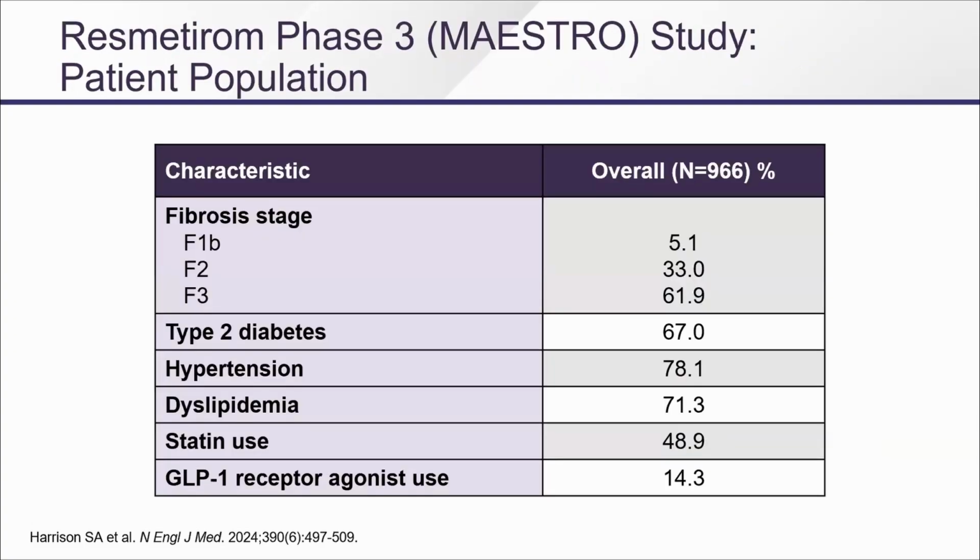And you can see that most of the patients had stage 3, 2/3 had diabetes, most had dyslipidemia and hypertension. So because they had bad NASH, they had all the elements of the metabolic syndrome. You notice 70% had dyslipidemia, 48% on a statin. Don't listen to me.